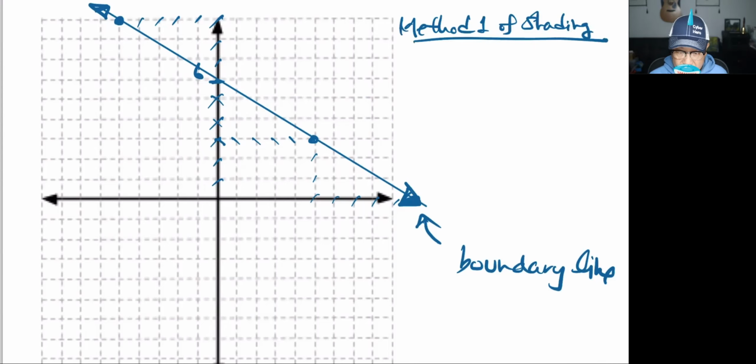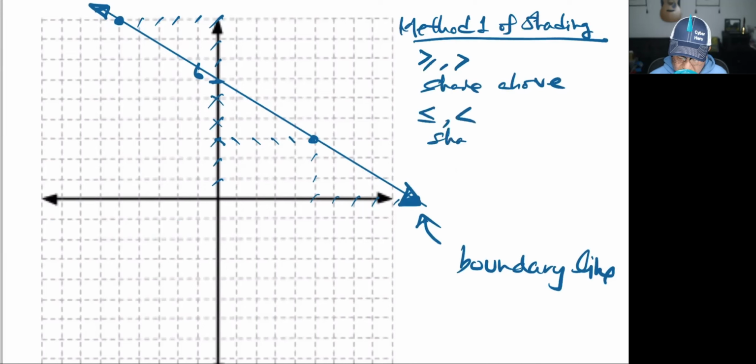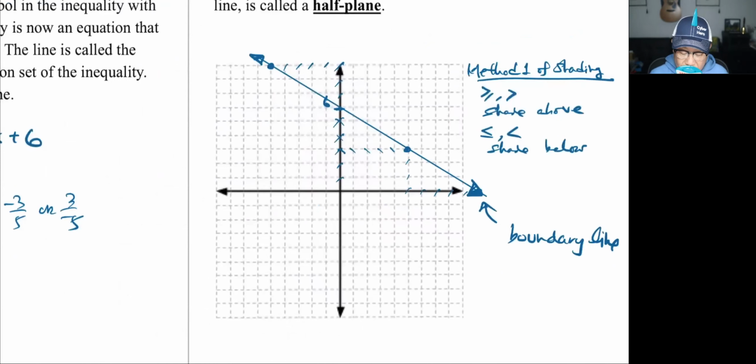If you have greater than or equal to or greater than, we shade above. If it's less than or equal to or less than, we shade below. What I mean by that, right? I don't have a ruler, so it's hard for me to do anything here, but let me just see if I could do this real quick. Let me quickly create a ruler for you guys.